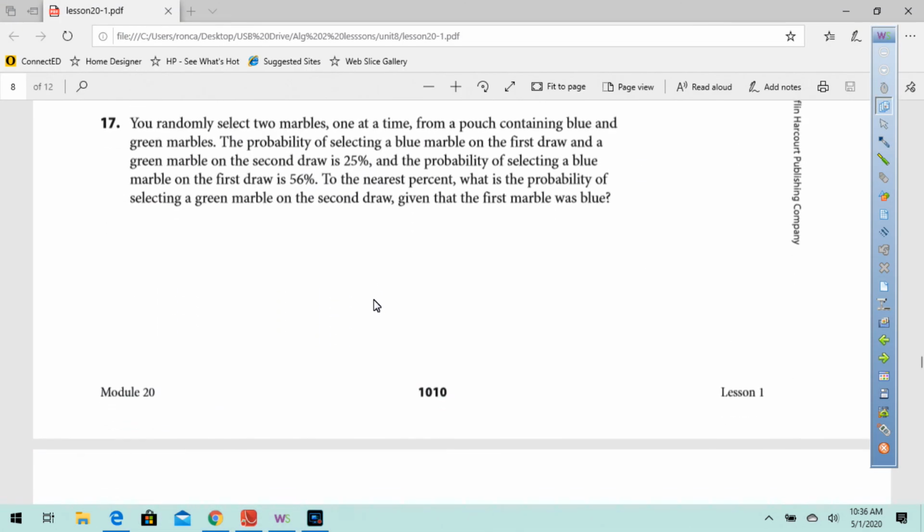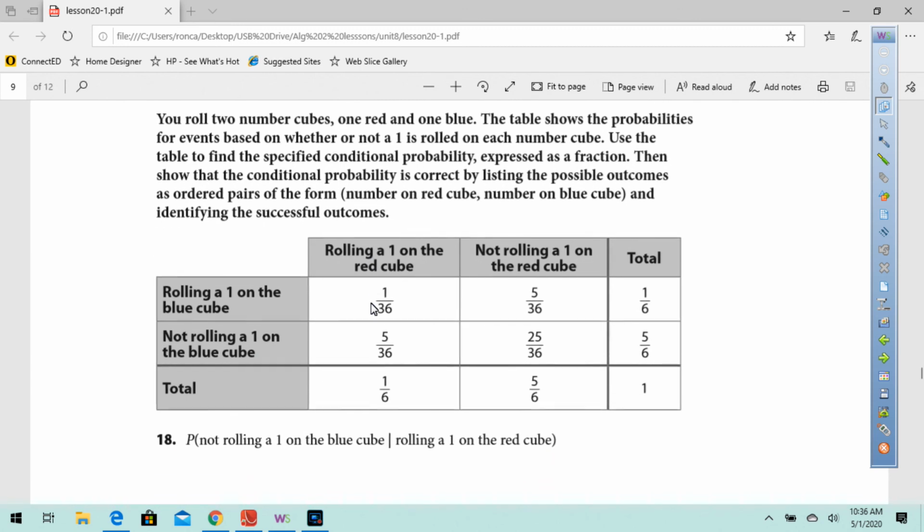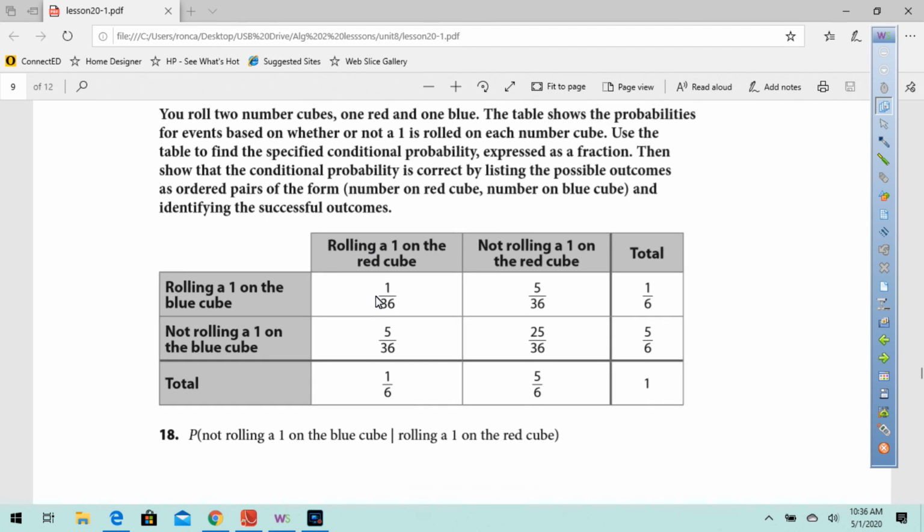Number 18. Oh yeah, this is when it gets fun. You roll 2 number cubes, one red and one blue. The table shows the probabilities for events based on whether or not a 1 is rolled on each number cube. Use the table to find the specified conditional probability expressed as a fraction.